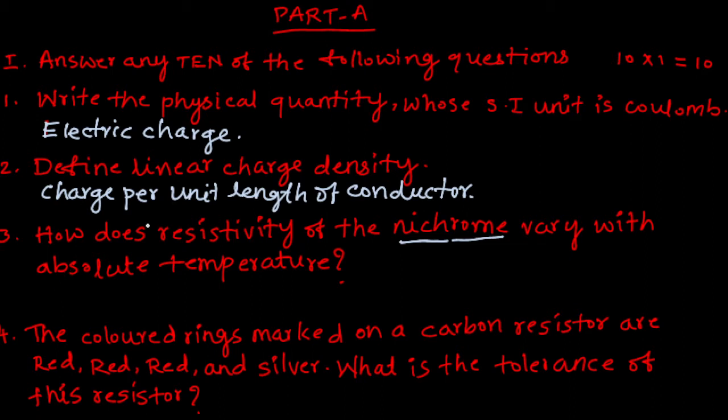So the answer for this question, how does resistivity of nichrome vary with absolute temperature? The answer should be: the resistivity varies very slightly, or the variation of resistivity is very less with temperature.